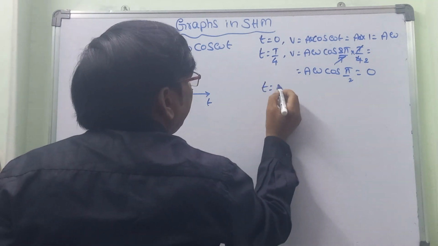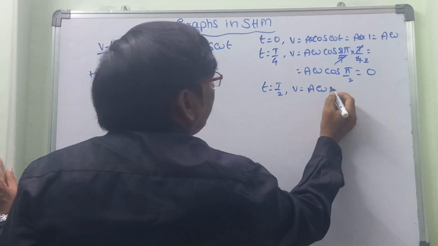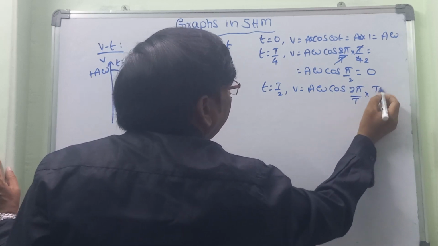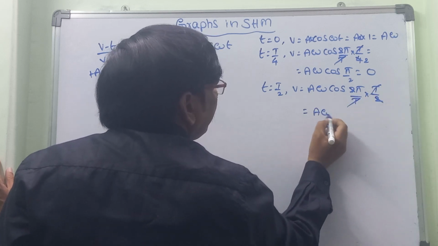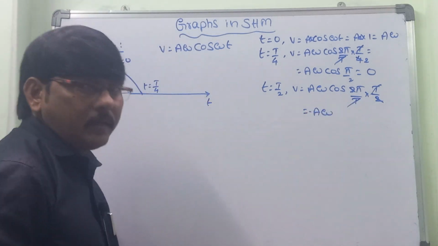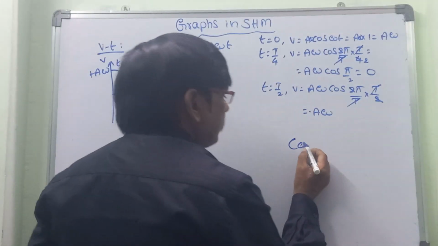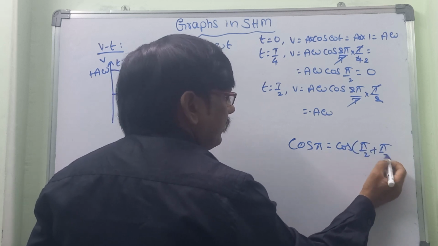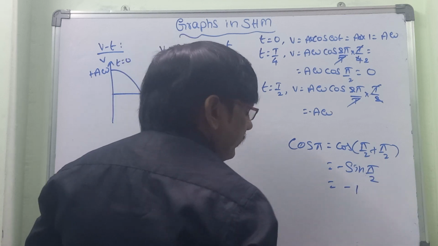Next let us take t = T/2, v = aω cos(2π/T × T/2). T gets cancelled, 2 gets cancelled, that becomes aω cos π. Cos π is cos(π/2 + π/2), which is minus sin(π/2), that is equal to minus 1.